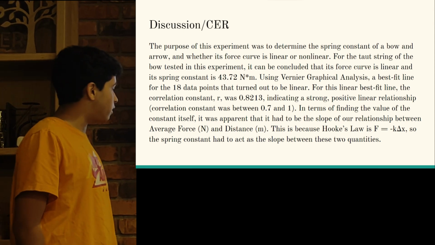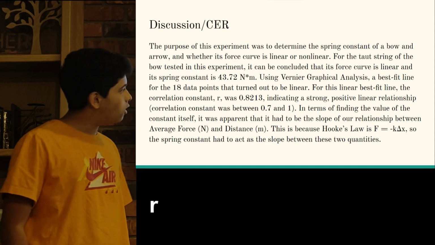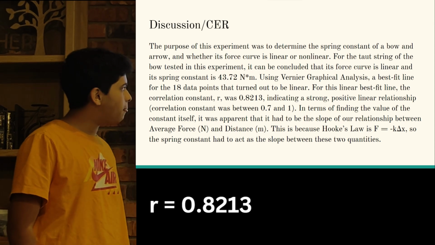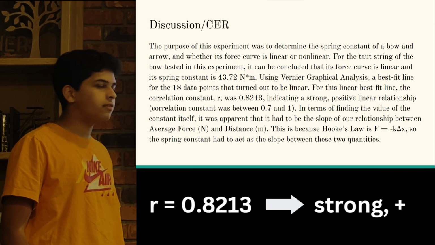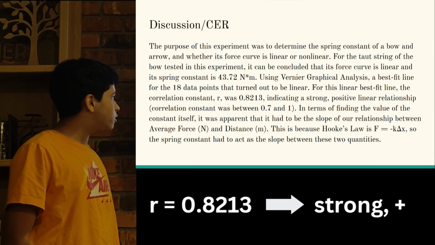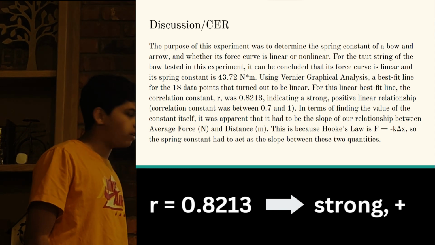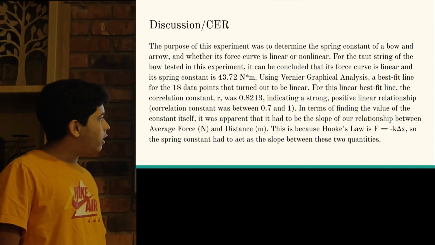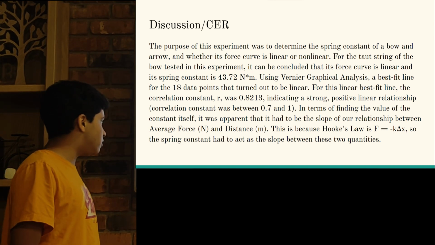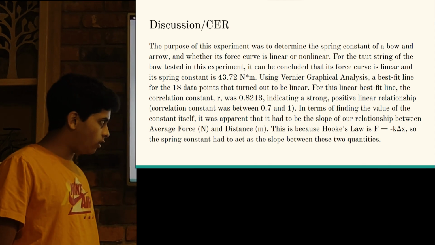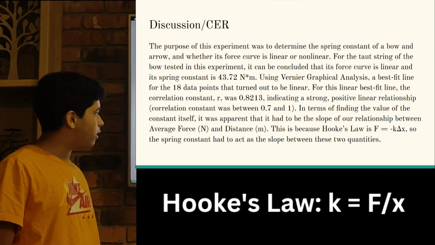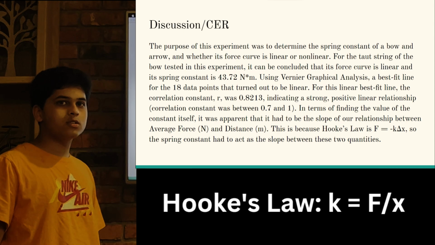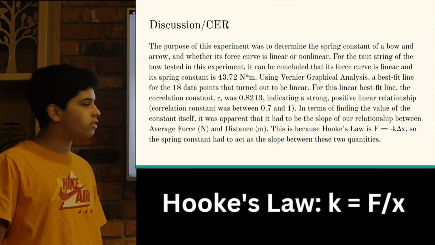For this linear best fit line, the correlation constant R was 0.8213, indicating a strong positive linear relationship. The correlation constant was between 0.7 and 1, indicating strong and linear relationships. In terms of finding the value of the constant itself, it was apparent that it had to be the slope of our relationship between average force in newtons and distance in meters.